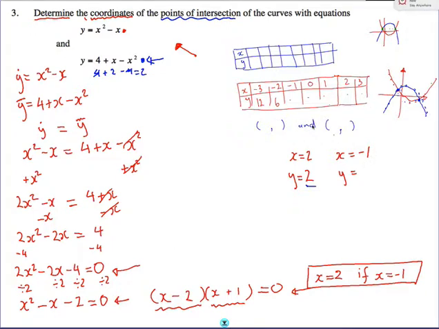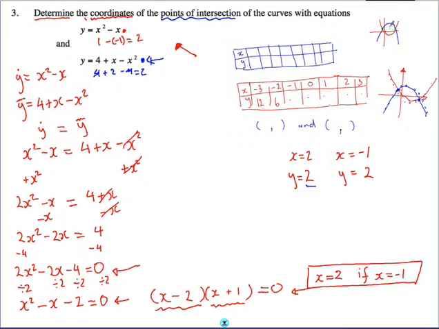Now for this one, x is minus 1. Minus 1 squared is 1. And minus 1, well, minus minus 1 is the same as adding 1, so 1 add 1 is 2. So your y is also 2. Look, that was a good sketch.